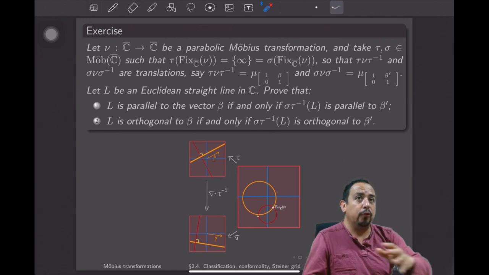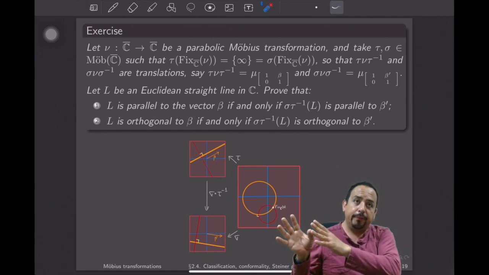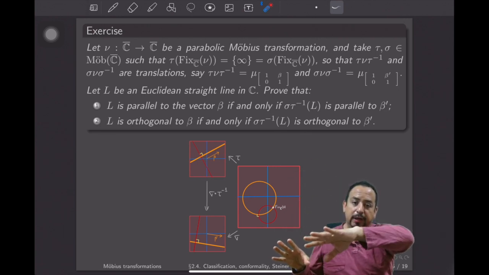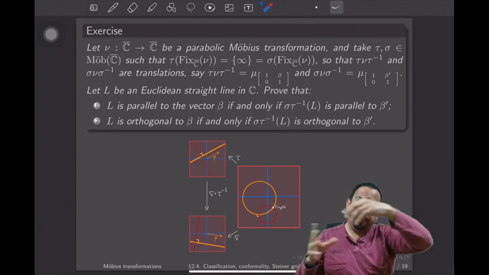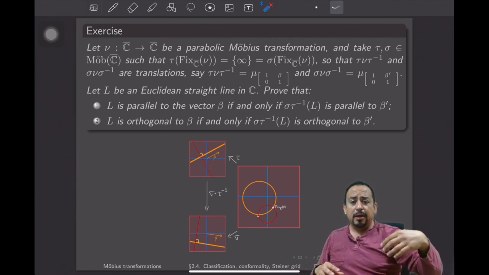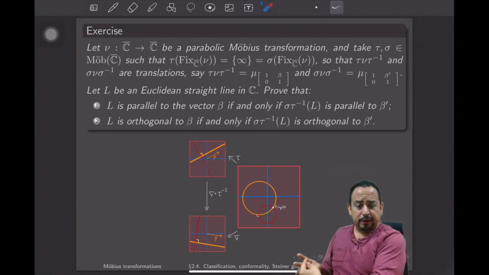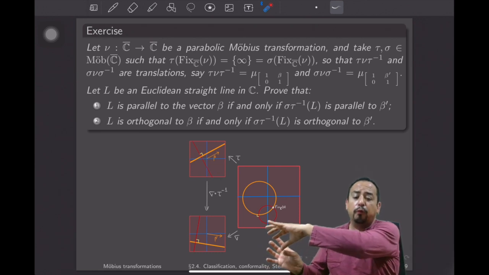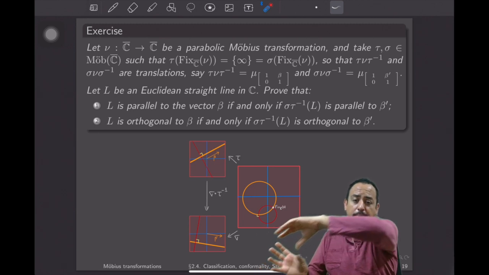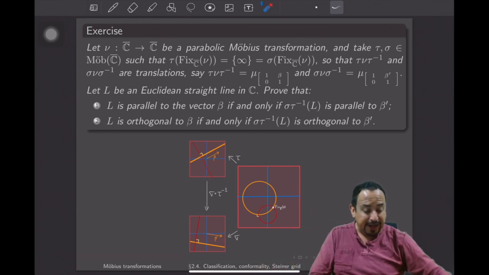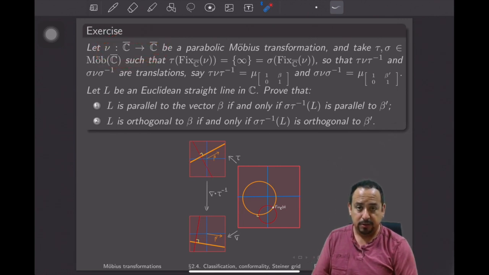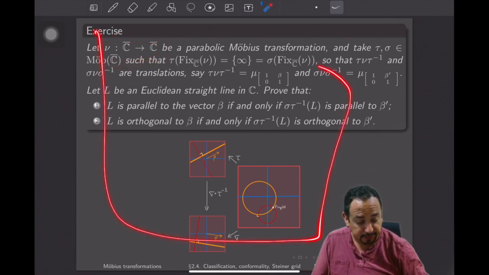And for each translation, I have an analysis of the geometric behavior. I want to pull it back, but I had better make sure that it doesn't matter which translation I pull the geometric information off. For my nu, I always get the same information, right? And that's what this exercise says.